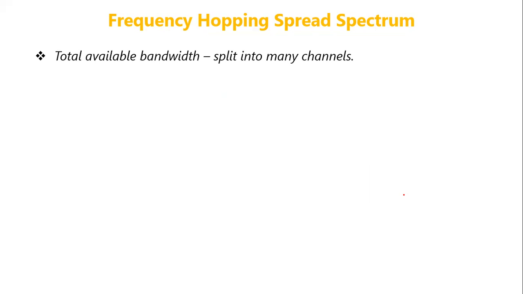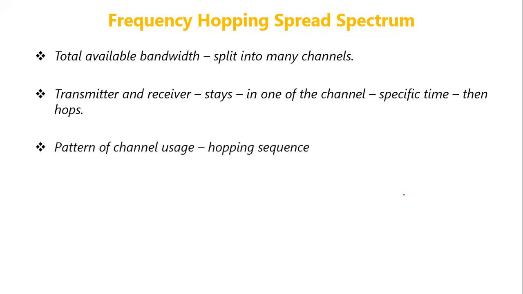With frequency hopping spread spectrum, the total available bandwidth will be split into many channels, and the transmitter and the receiver will stay in one of the channels for a specific time, and then they hop, that is, they move into some other channel, and then into some other channel.